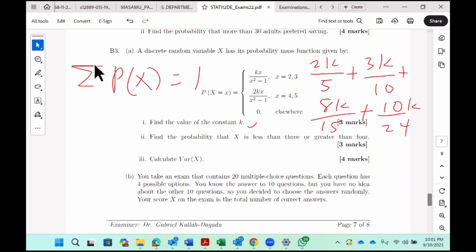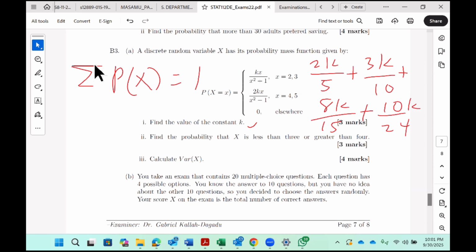Then I find the probability that X is less than 3 or greater than 4. If X is less than 3, then you're looking for when X equals 2. Or greater than 4, then when X equals 5.